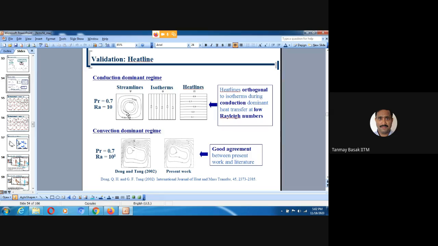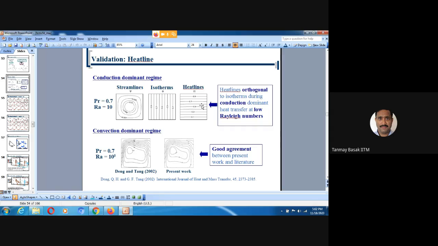In that case, if the Rayleigh number is very low, the flow is very weak, and we get a conduction dominant zone, and you have isotherms all vertical lines, and heat lines will be horizontal. That is, heat lines are nothing but heat flux lines, and heat flux lines will be perpendicular to isotherms, and that is nicely benchmarked by the heat line concept. So heat lines are orthogonal to isotherms during conduction dominant heat transfer at low Rayleigh numbers.